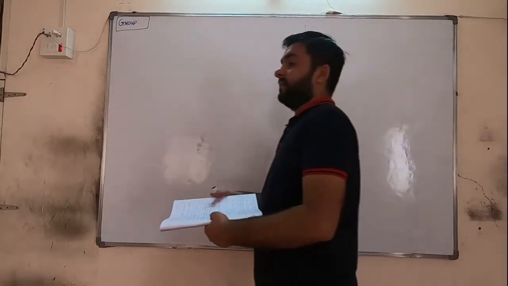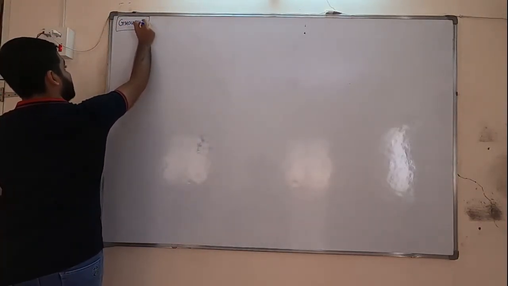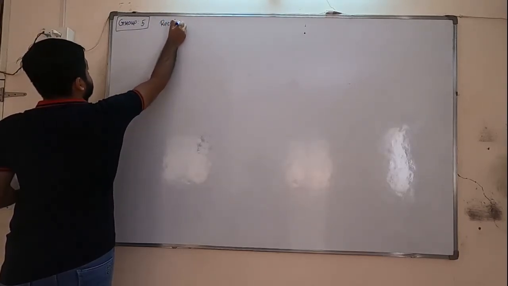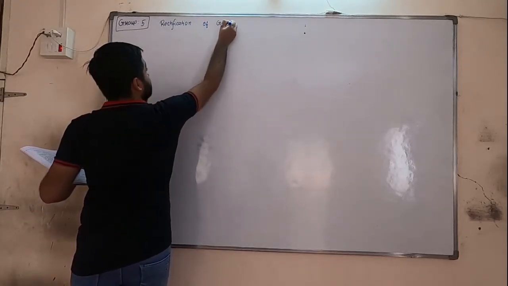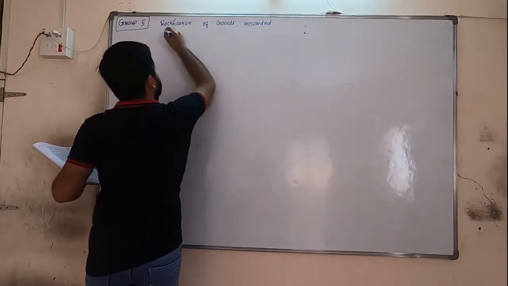This group 5 is a little bit important and difficult, okay? You should understand very clearly. Group 5, rectification of goods recorded.